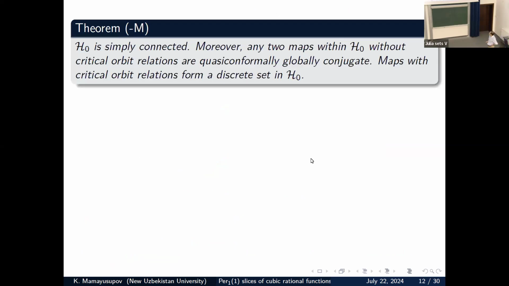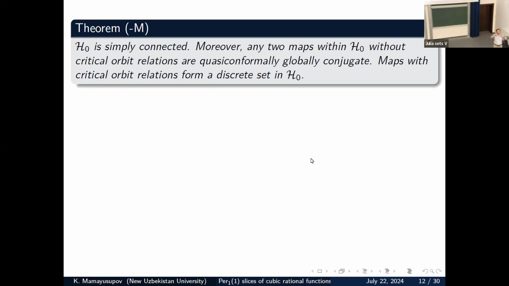So this result was actually in the previous results, but here it's my interpretation of the proofs, yeah? So it's not new, but the proofs are kind of new, and it's so general that you can apply it to many other situations. So you take H0 and it's simply connected, and moreover, for two maps, if you have a critical point and you iterate, they may collide at some point, yeah?